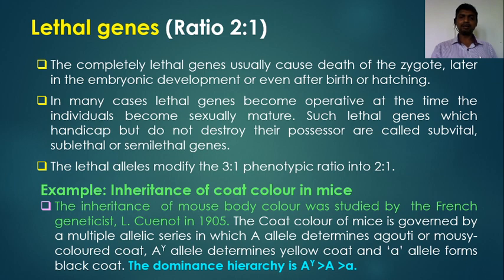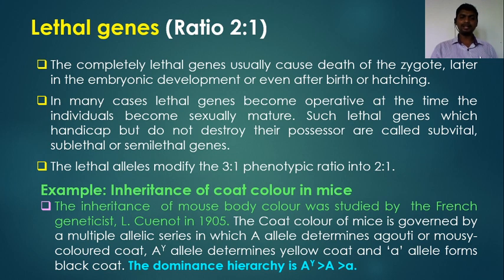The inheritance of mouse body color or coat color was studied by the French geneticist L. Cuénot in 1905. The coat color of mice is governed by a multiple allelic series in which the A allele determines agouti or mousy colored coat, which is the most common one.